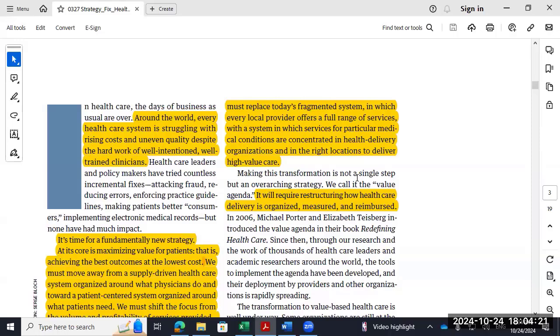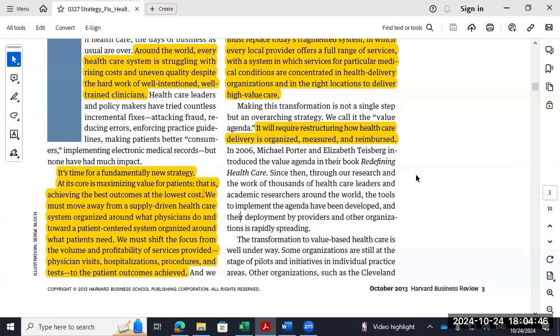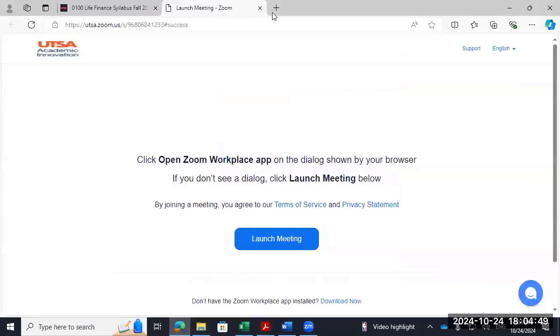He wants health delivery organizations, these massive organizations that are concentrated in certain parts of the country, and everybody else just has to fly there, but it gives you high volume, high experience, high value care. So he says you've got to address how healthcare is organized, measured, and reimbursed. And every single one of these is massive. I don't know if y'all have noticed the healthcare industry.